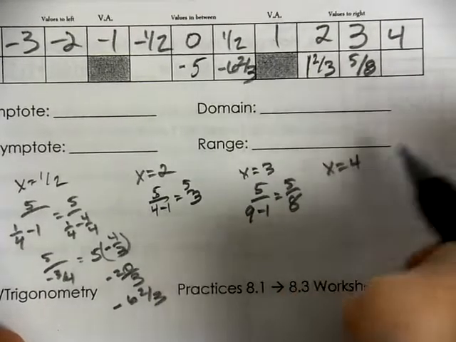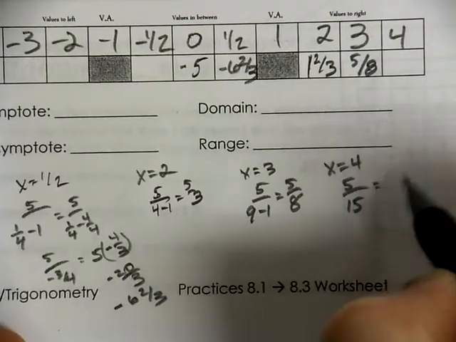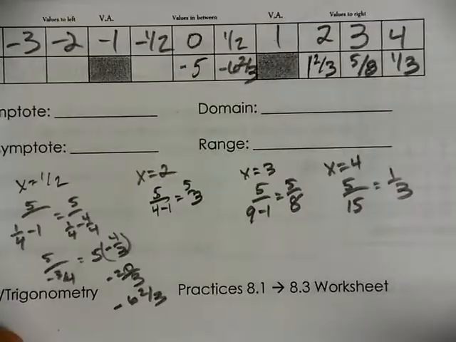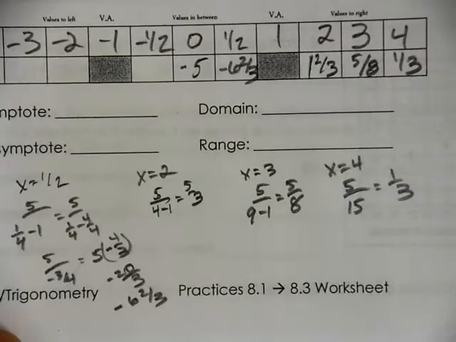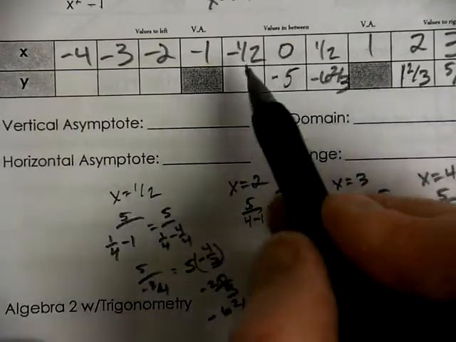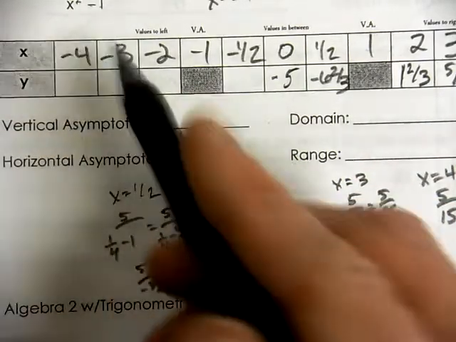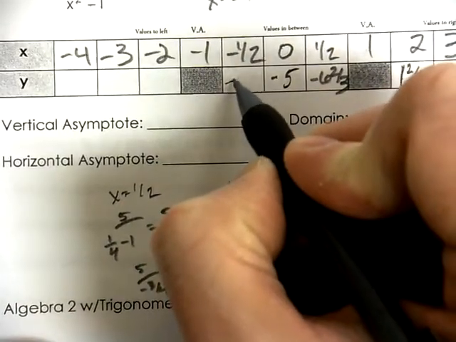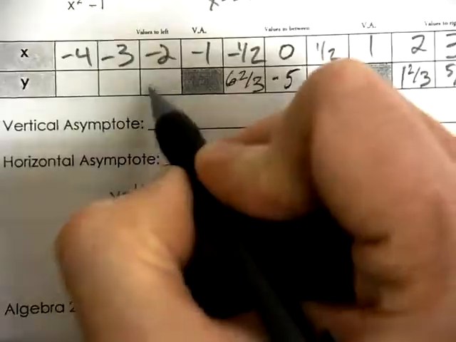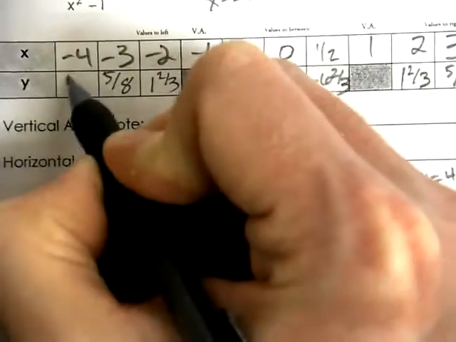And when x equals 4, we get 5 over 15, which can be reduced to 1/3. When we plug in our negative numbers, we're going to get the same result for those. Negative half squared is just going to turn into a positive number, positive 1/4. Do the rest of the math, and we're going to get 6 2/3, 1 2/3, 5/8, and 1/3.